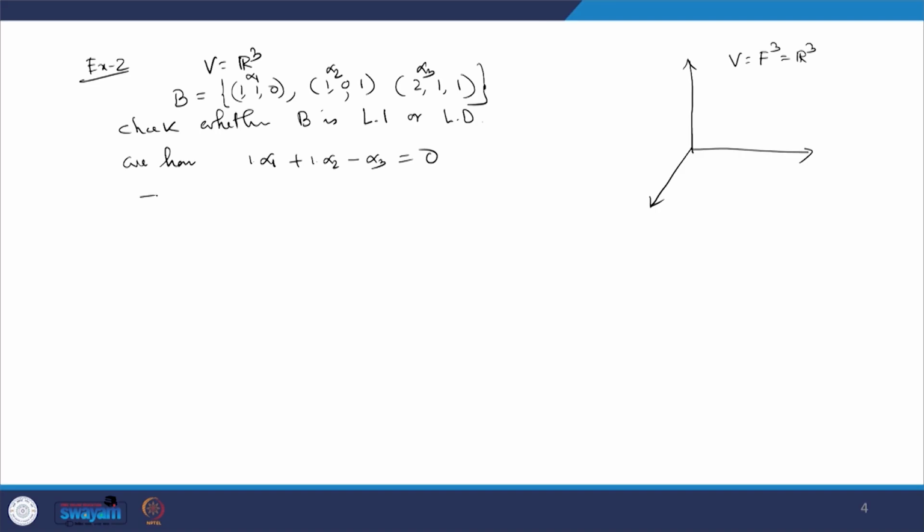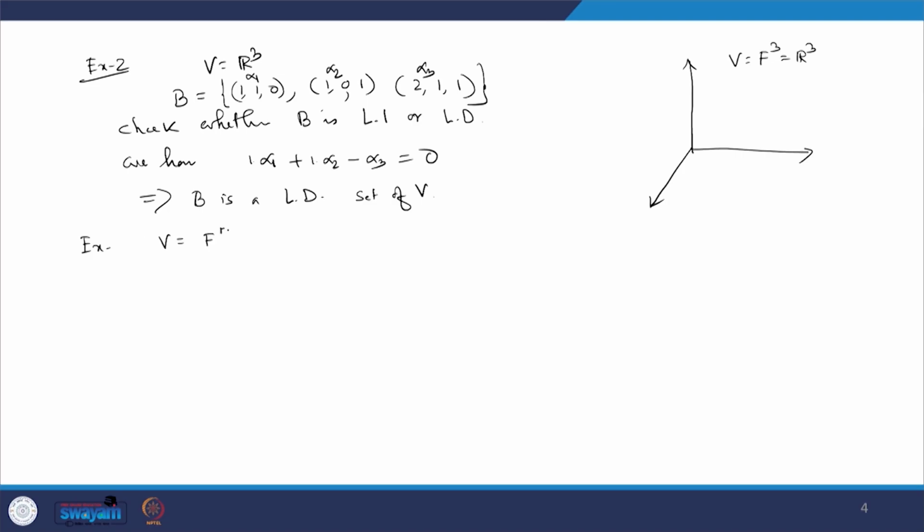So, this implies that B is a linearly dependent set. So, one can also extend this.